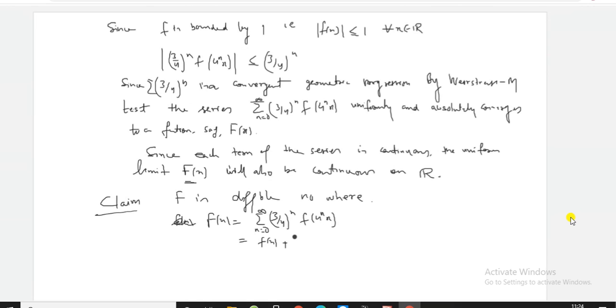For n equal to 1, it is 3 upon 4 and f(4x), plus 3 upon 4 square and f(4 square x), plus and so on. तो f(x) का ग्राफ तो आपने देखा. So the graph of f(x) is just, suppose this is 0, this is 2, this was 4. So this kind of graph is your graph of f(x).